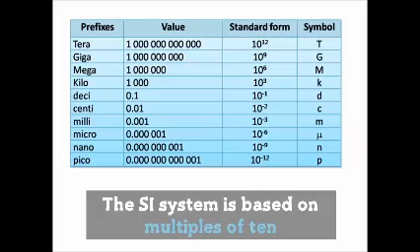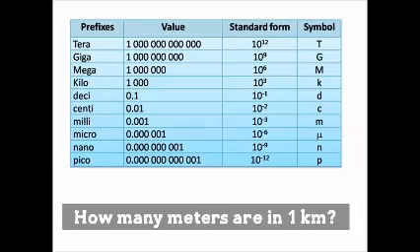So this is based on the multiples of 10, if you didn't catch that already. So let's just look at this. How many meters are in 1 kilometer? Like I said, if you take the K, which means 1,000, you kind of read this literally. It's 1,000 meters.